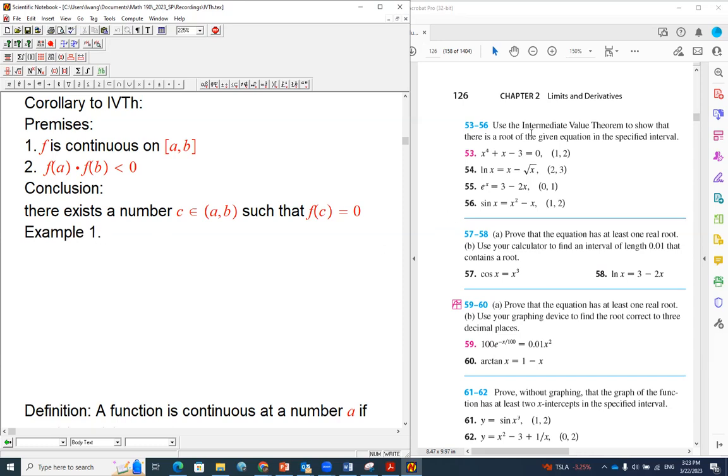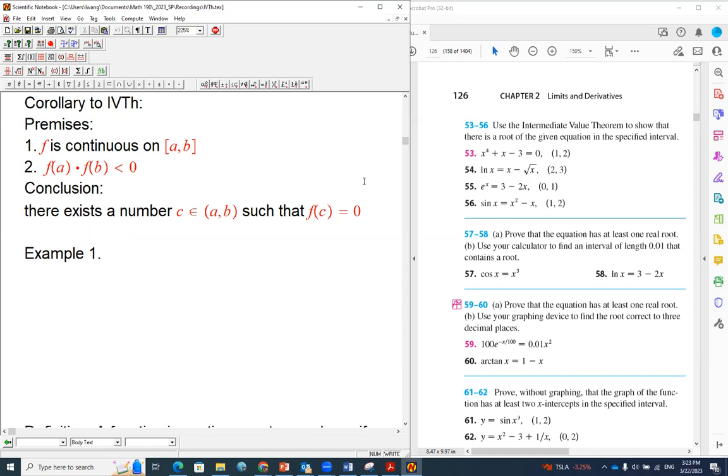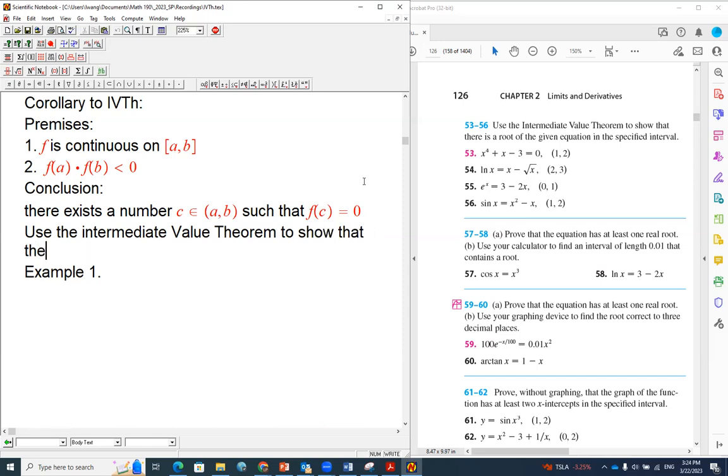Okay, so the instruction is pretty clear. It says use the intermediate value theorem to show that there is a root of the given equation in the specified interval.